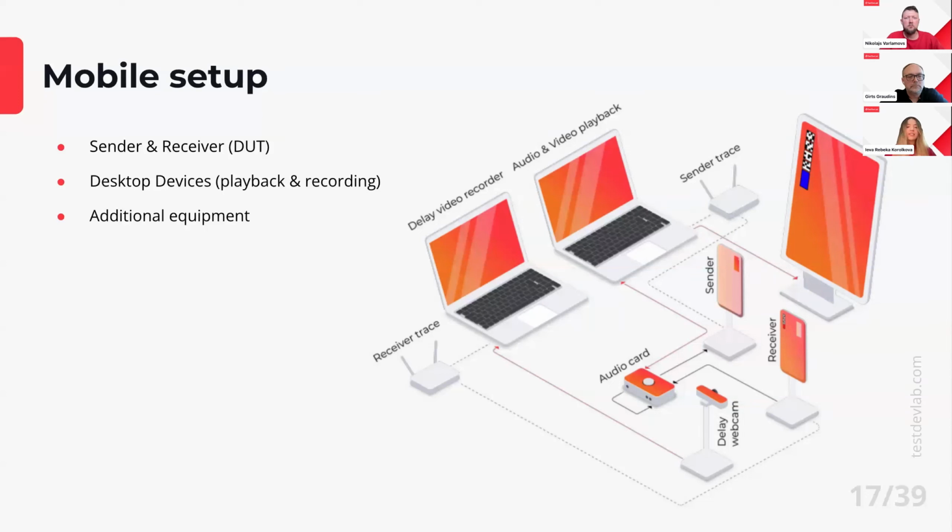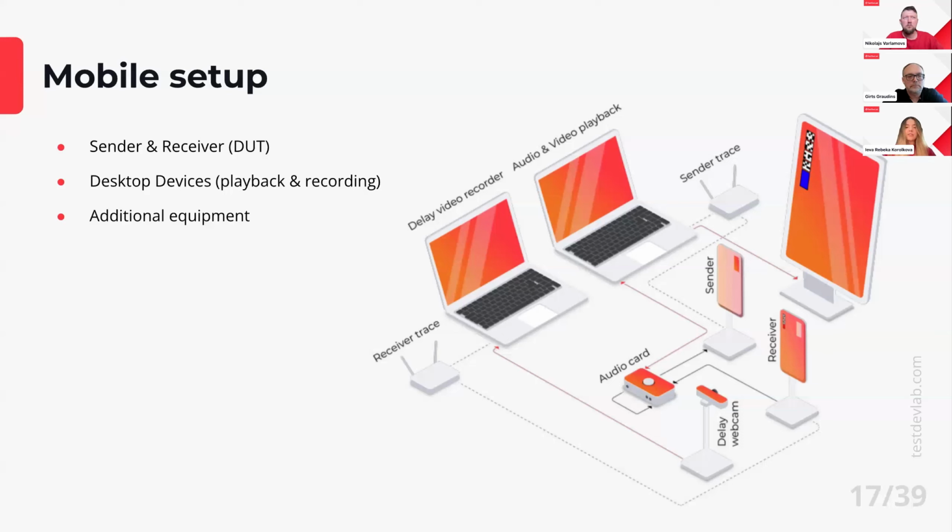We also have a sender and receiver device, which are usually devices under test that we observe and see their performance during the test. They can be mobile or desktop or even tablets if you wish to do so.